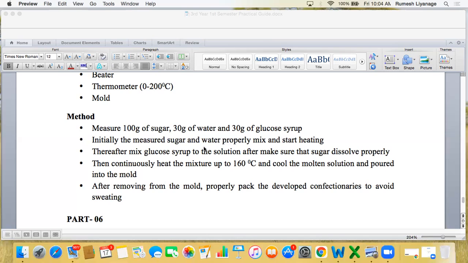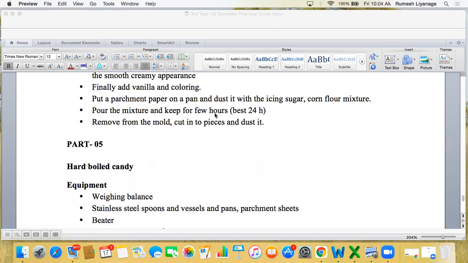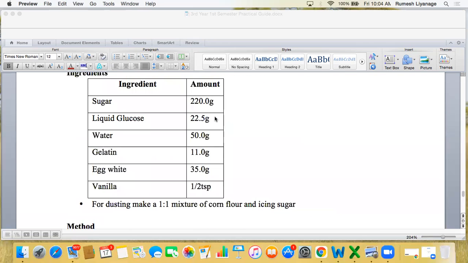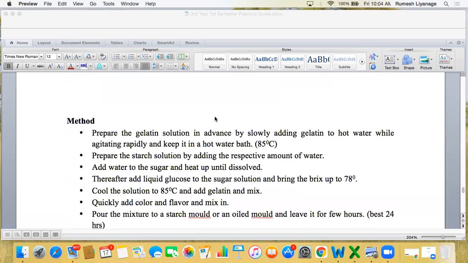Here in these practicals we are going to use high temperature, so take care of the temperature, and you have to adhere to the safety regulations and the safety instructions of the demonstrators, which you have also been given. So that's all. I hope you can develop these food products successfully, and please attach your photographs to your practical reports. Thank you very much.